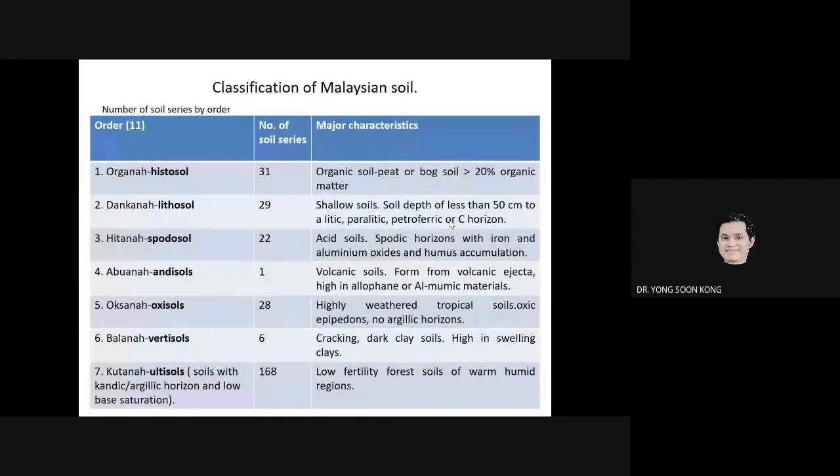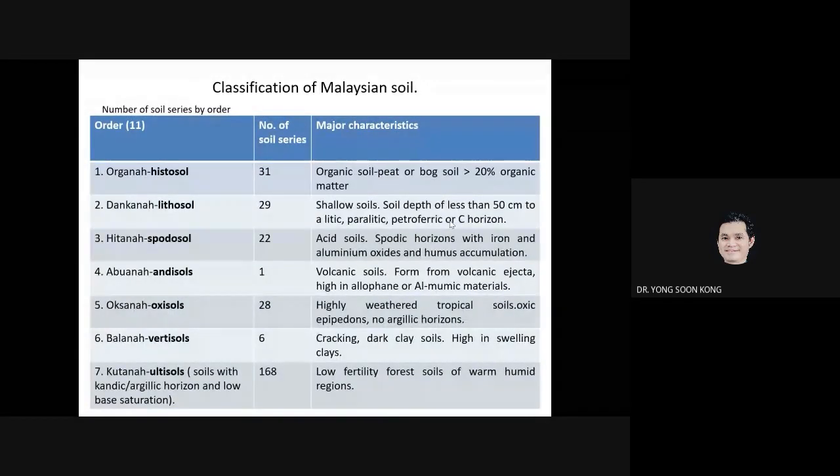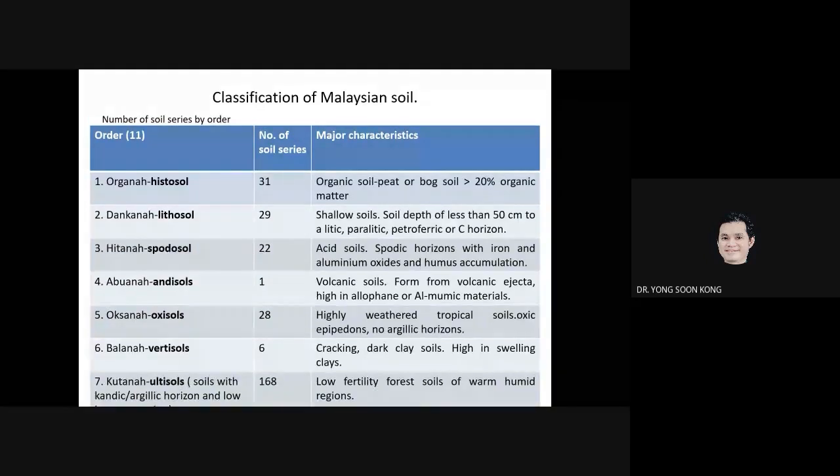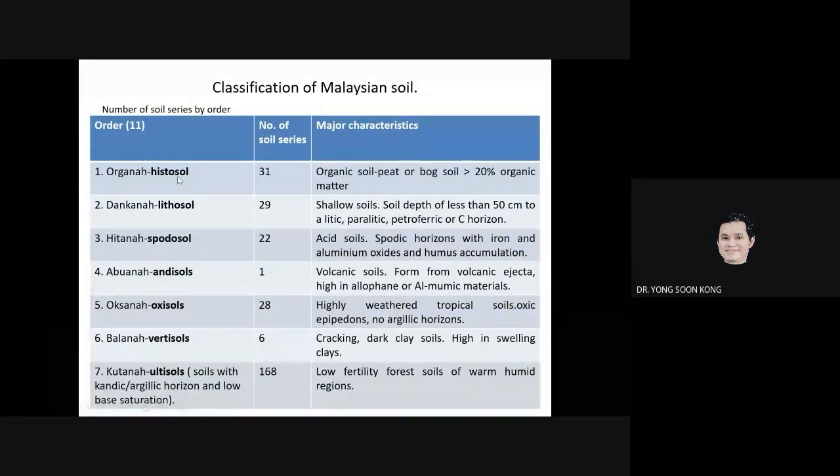And these are the names. You might be confused. For example, are you going to see this or this? Frankly speaking, this lecture slide has been borrowed from UKM, Universiti Kebangsaan Malaysia.